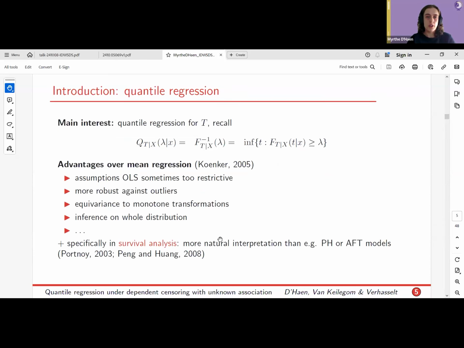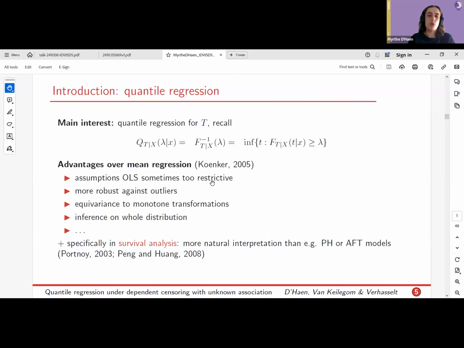Now, as promised, I would give a little bit more motivation on why we take the quantile approach. Just to be on the same page, I put the definition of a quantile here, but I guess you all know it's the inverse of the distribution function. And quantiles have, in recent decades, become quite popular because they enjoy some nice properties over the traditional mean regression.